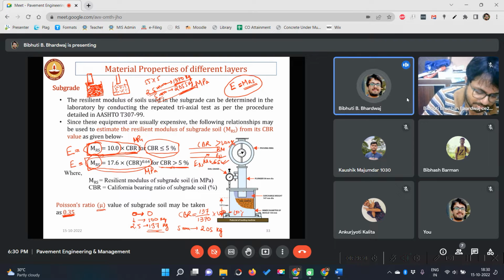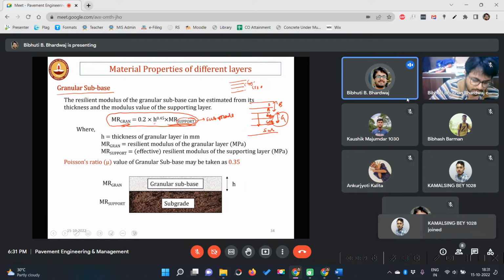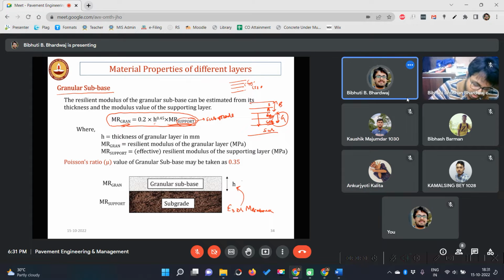Based on the CBR value, either this or this. Basically, it is E3, isn't it? Are you getting it? So based on your E3 or MR subgrade, now you can find out your E2 or your MR of the granular layer.